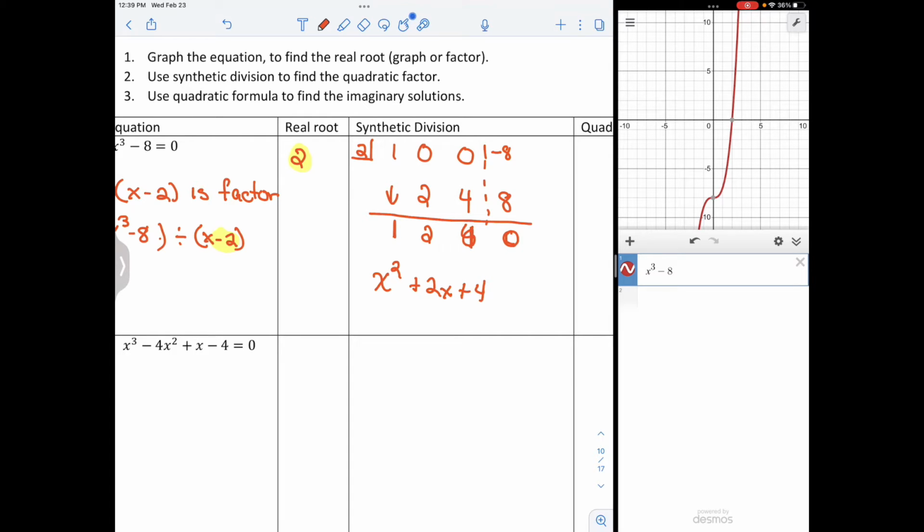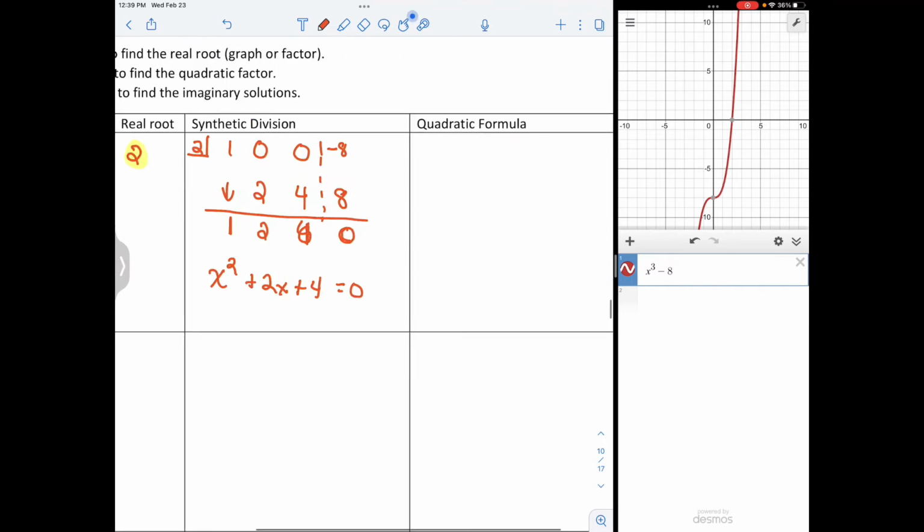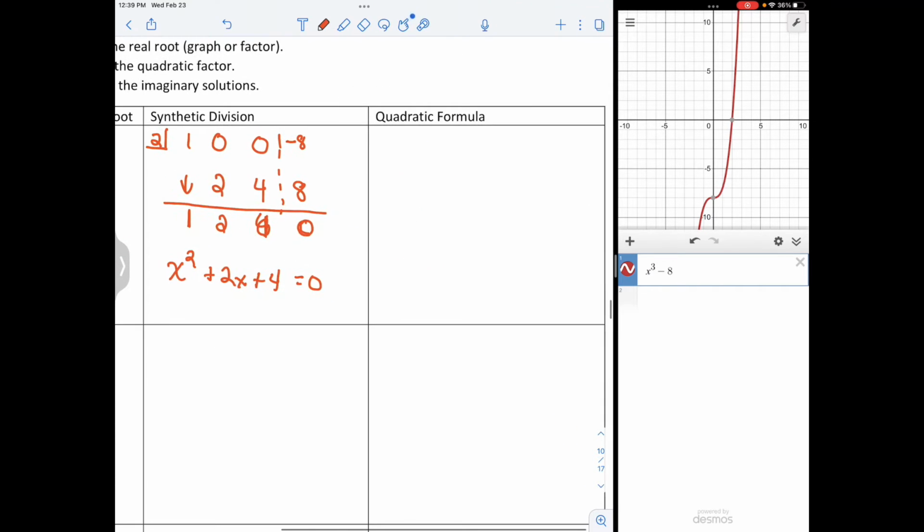Now, how do I solve this? It is not factorable. So in order to solve this, I'm going to have to use the quadratic formula. So using the quadratic formula, a is 1, b is 2, and c is 4. So I have negative 2 plus or minus the square root of 2 squared minus 4 times 1 times 4, all over 2 times 1.